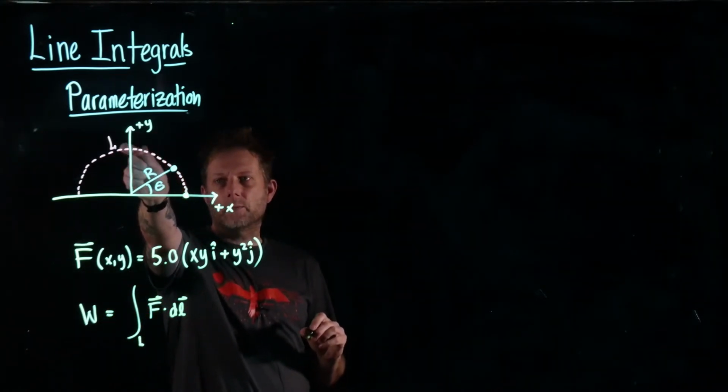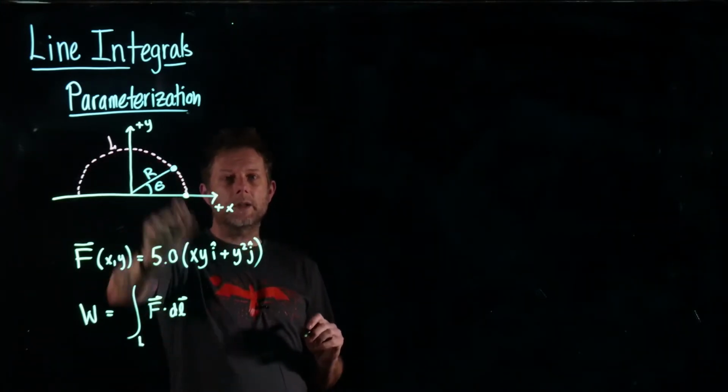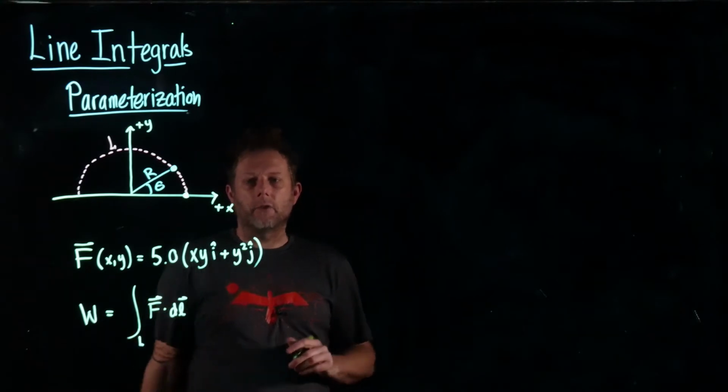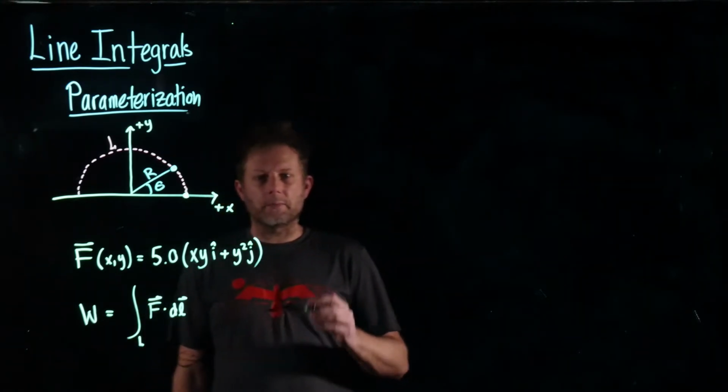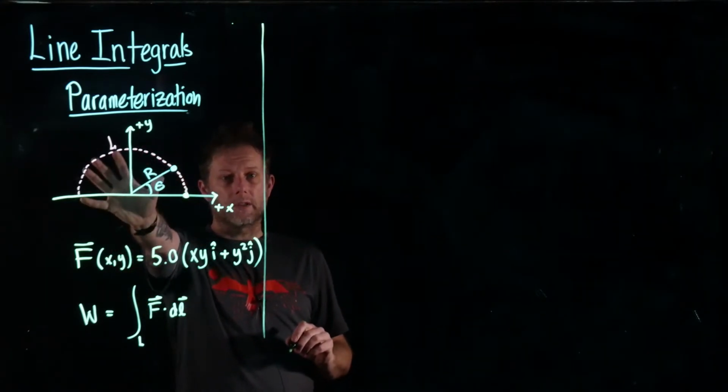Again, we took this line and broke it into a bunch of tiny little elements. There will be the work along each tiny little element, and we just sum them up in the form of the integral. But now we're going to use the parameterization, because doing this with x and y becomes more difficult.